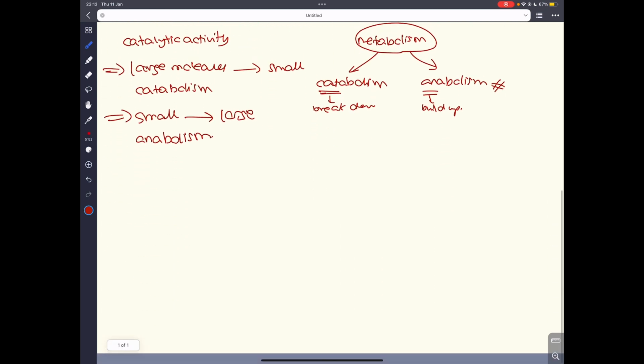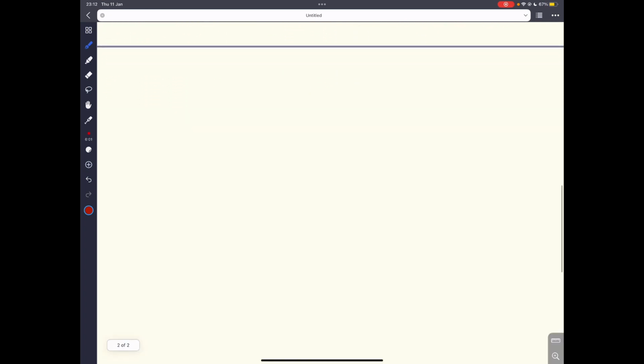So it's not as efficient if we don't have enzymes. Now we have to know about the mechanism of how enzymes actually work. Let's look at the mechanism of how enzymes work.